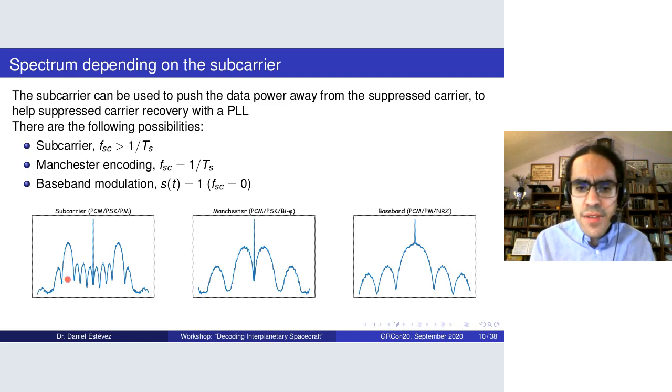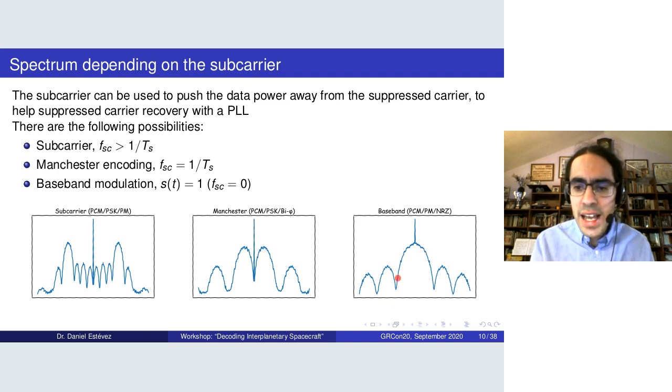If we drive the data sidebands towards the middle, then we arrive at Manchester modulation, where we have this gap in the middle for the residual carrier, but the data sidebands are very close to it. And on the very extreme, where we don't have any subcarrier, we have baseband modulation.